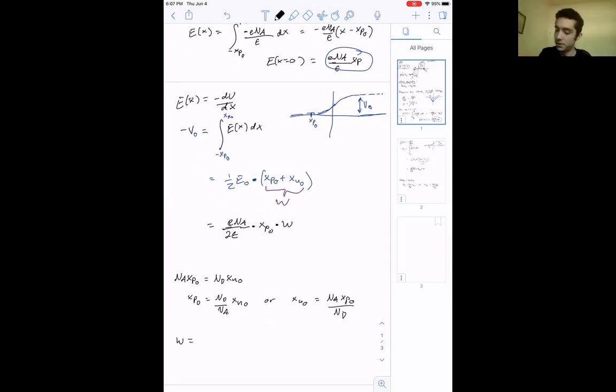And then using W is xp naught plus xn naught, you can basically get it down to one equation with two variables. So I'll do it like this, xp naught plus, sub this one in.